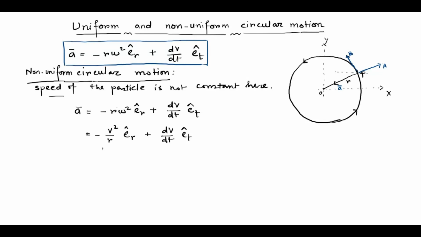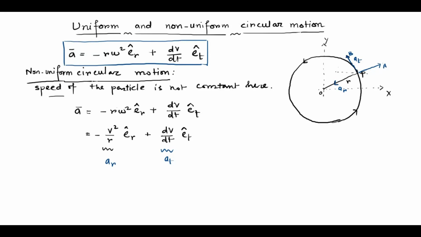This term I call the a_r component and this term the a_t component: acceleration along the radius, acceleration along the tangent. Here it is our a_r acceleration, here it is our a_t acceleration.